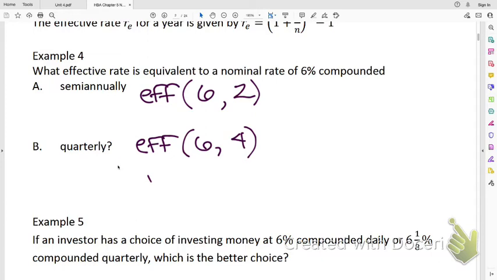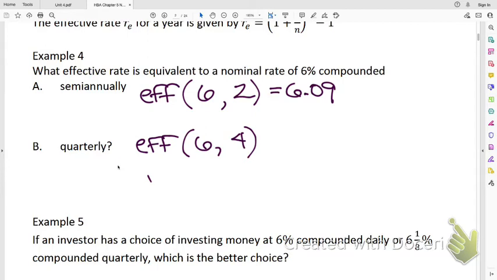Is that formula like if you were to do it by hand? Yeah. It's lovely, isn't it? So if I do 6, 2, I get 6.09. In other words, a 6% compounded semi-annually is the same as a 6.09 compounded annually.